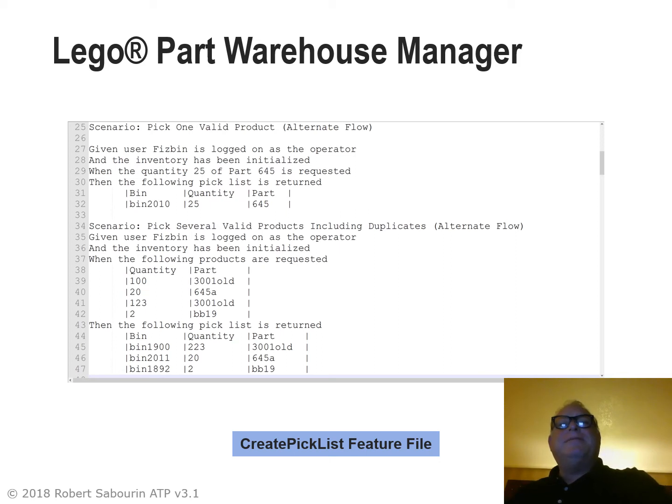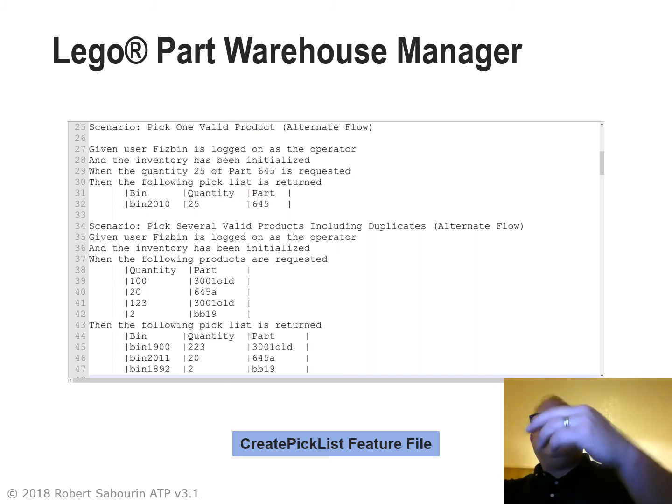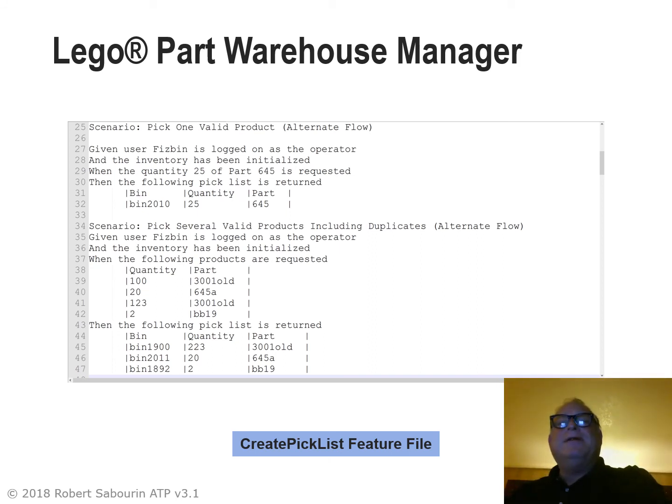We have: given user Fizbin is logged in as the operator, and the inventory has been initialized, when the quantity 25 of part 645 is requested, then the following pick list is returned. So we have an example of a case when basically one valid product is picked, and we return a pick list which indicates one product and what bin to take the product from, how many we take, and what's the part number. So that's basically an alternate flow.